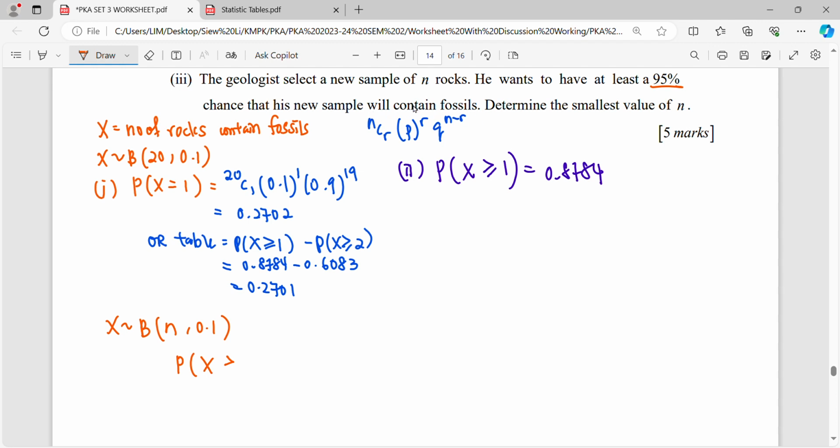It will be probability of X more than or equal to 1 that achieves 0.95. They didn't tell you how many fossils. They just want it to contain fossil, so X more than or equal to 1. So from here we find out what is your n.